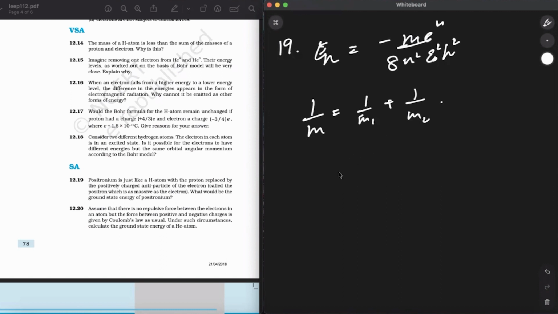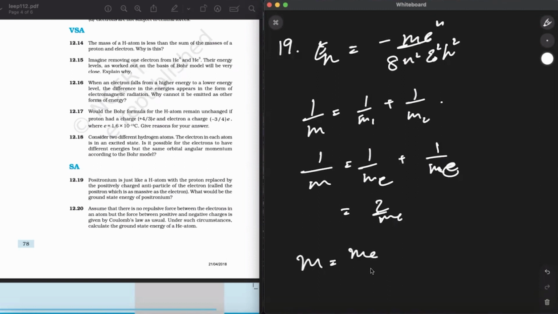For positronium, putting in the values, 1 upon mu equals 1 upon m electron plus 1 upon m e, which is 2 upon m, so the mass mu will be m by 2.